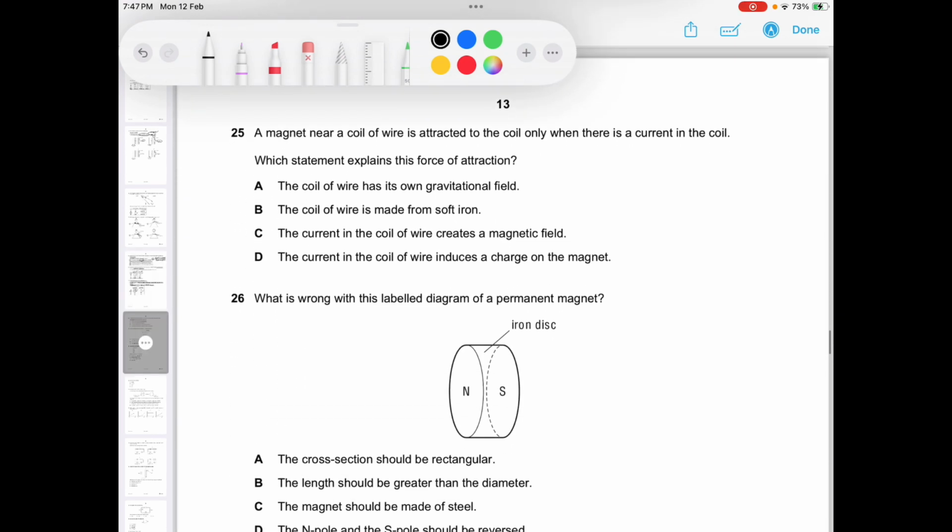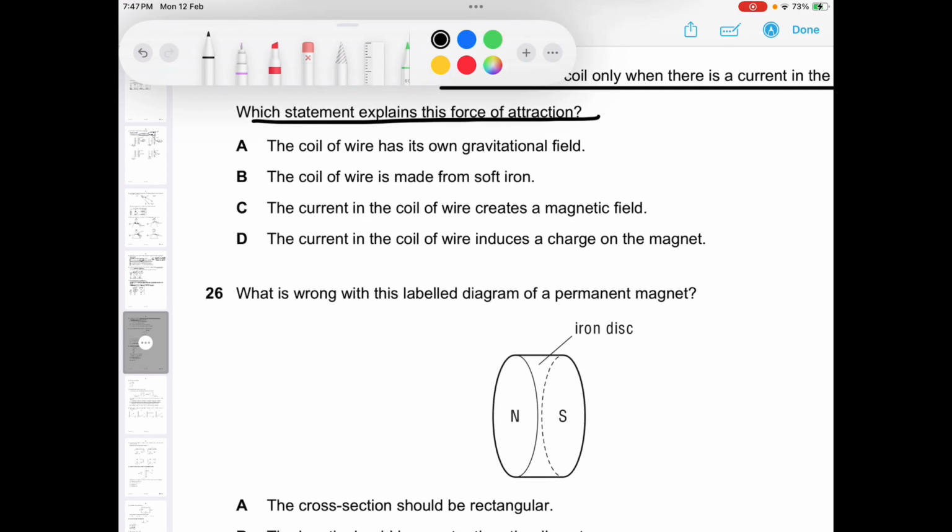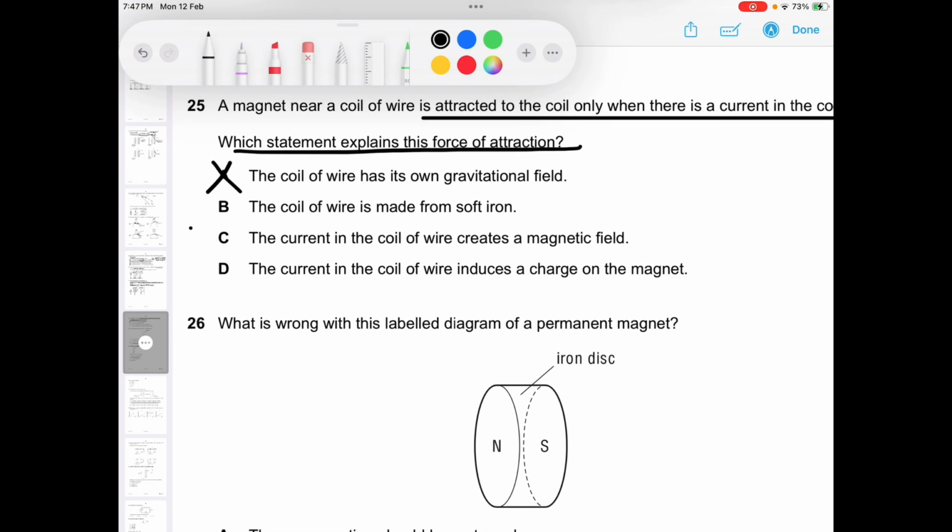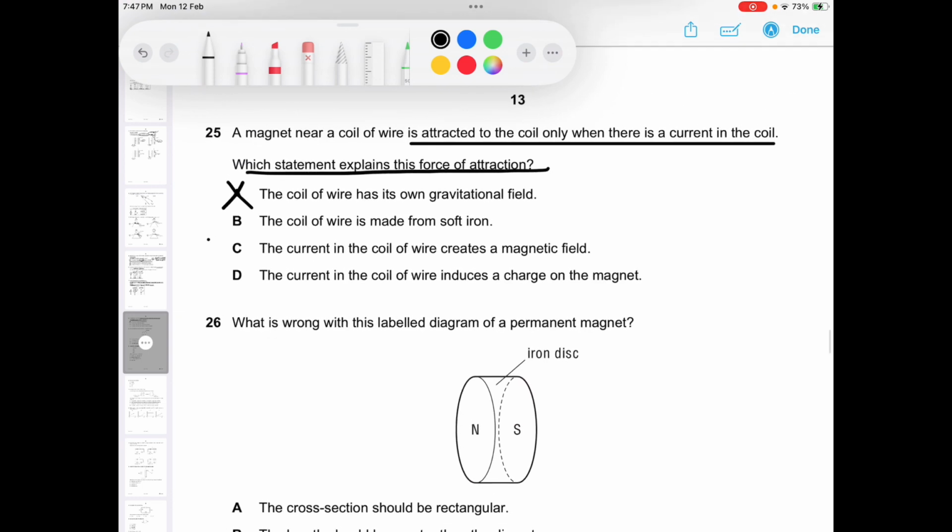A magnet near a coil of wire is attracted to the coil only when there is a current. Why? The coil of wire has its own gravitational field? Of course not. The coil of wire is made from soft iron. This is correct, but it is not really the reason. The current in the coil of wire creates a magnetic field.